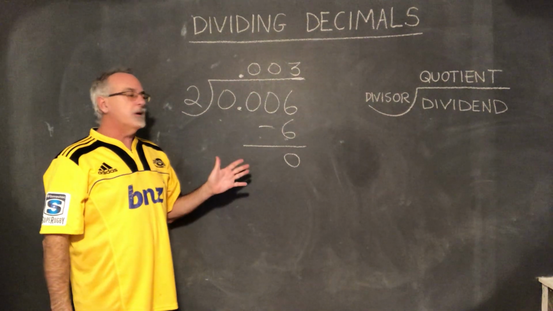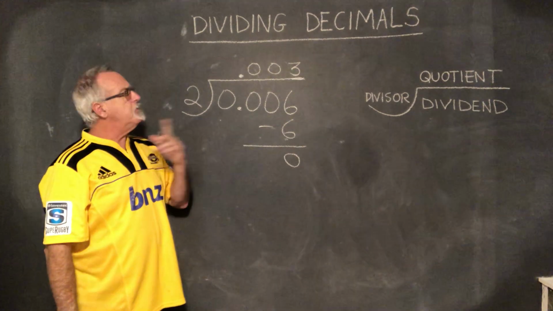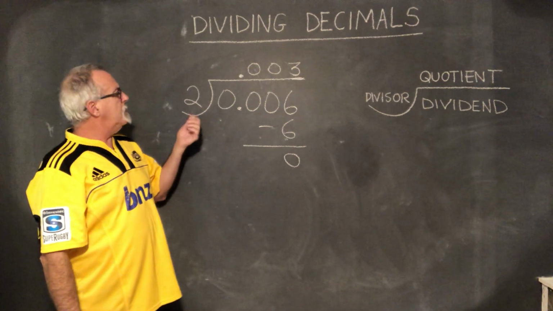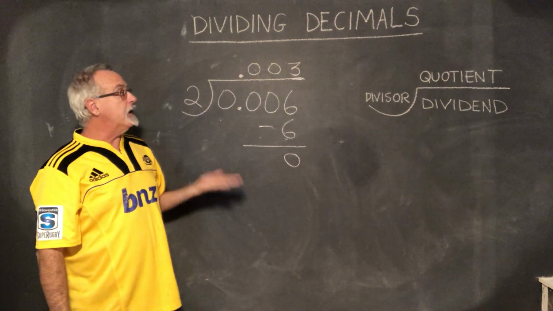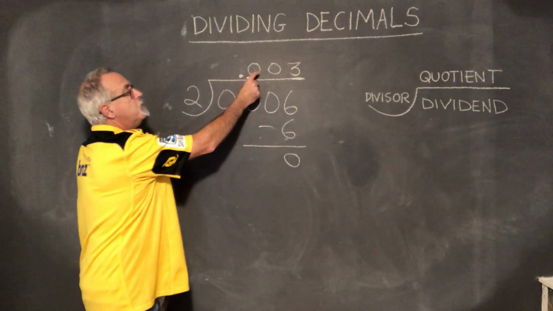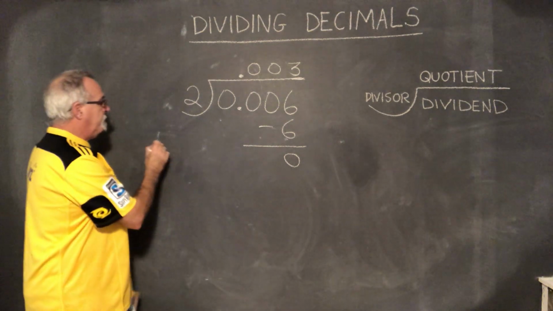And when you think about it, you probably aren't too surprised, because to verify, I multiply the divisor by the quotient and see if I get the dividend. So 2 times 0.003, not a very difficult one.